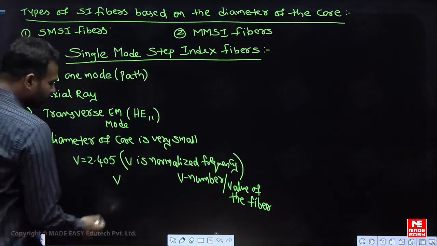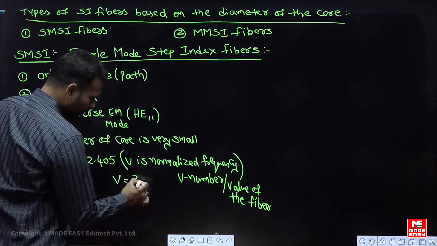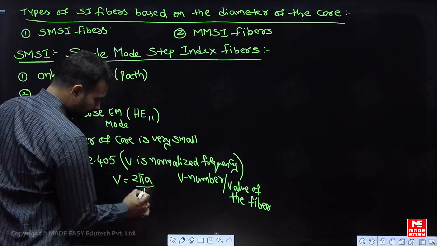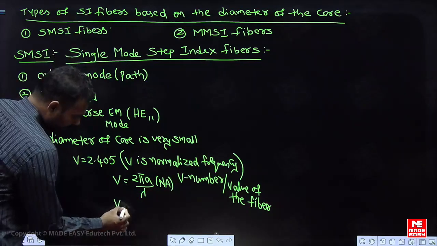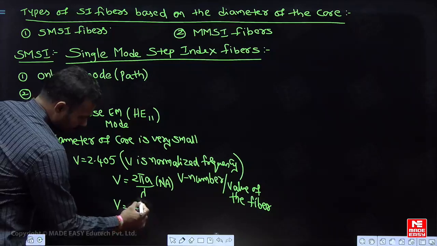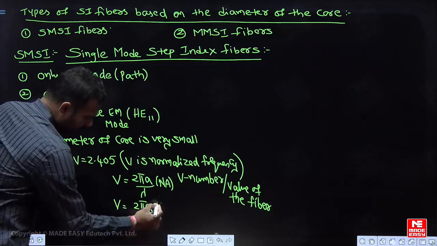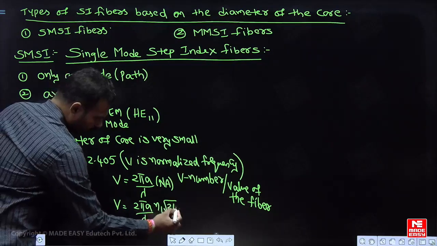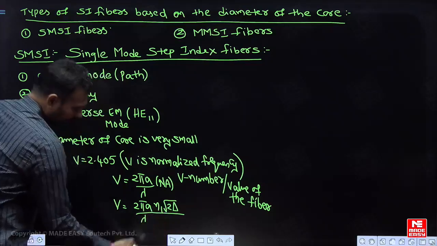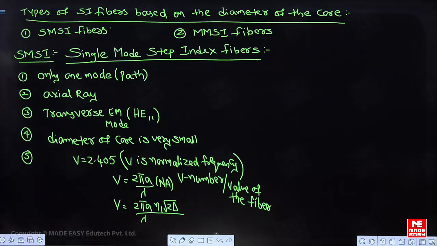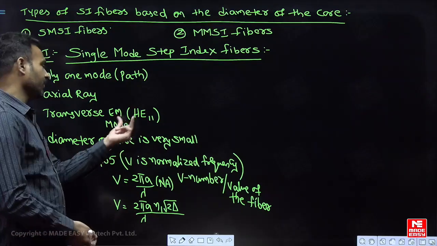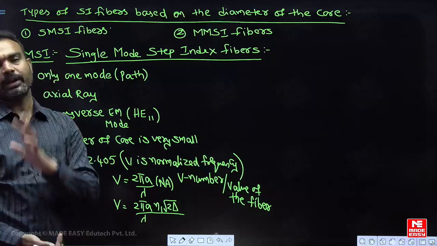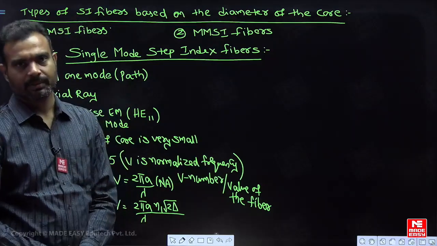So V is given as 2 pi a by lambda into numerical aperture, and because NA is written as N1 into root of 2 delta, V is 2 pi a by lambda into N1 into root of 2 delta. If V is equal to 2.405, then this mode is possible and only one light ray travels into the fiber.